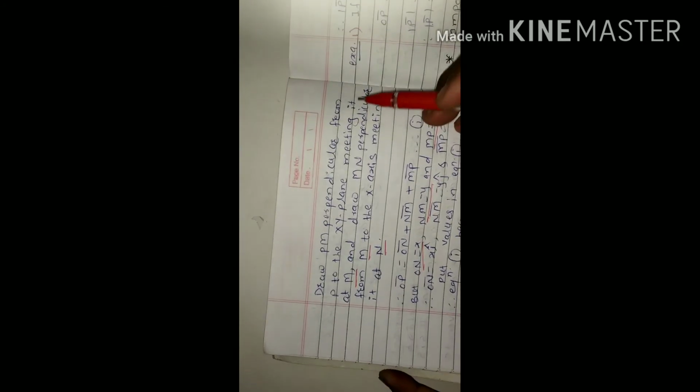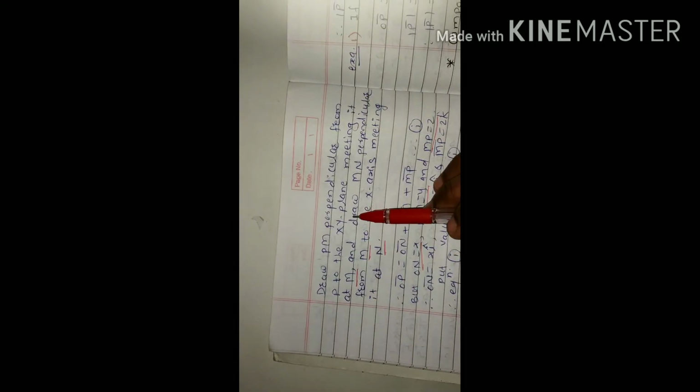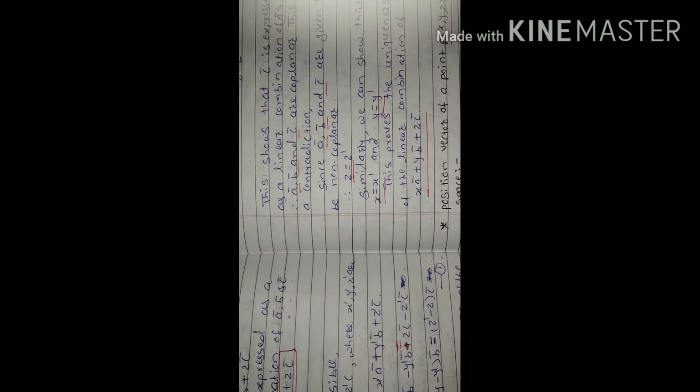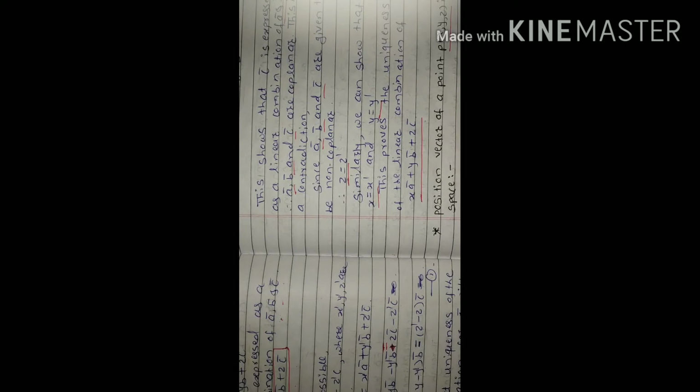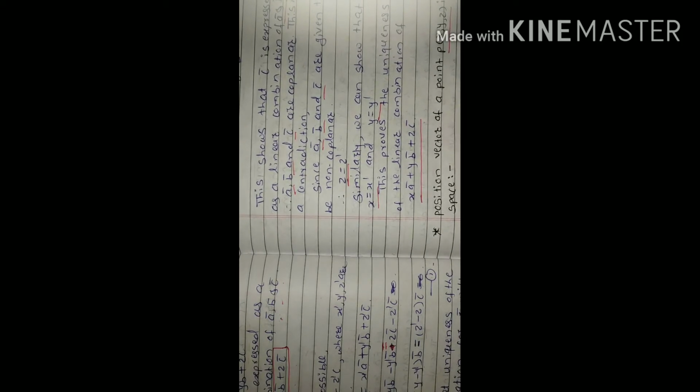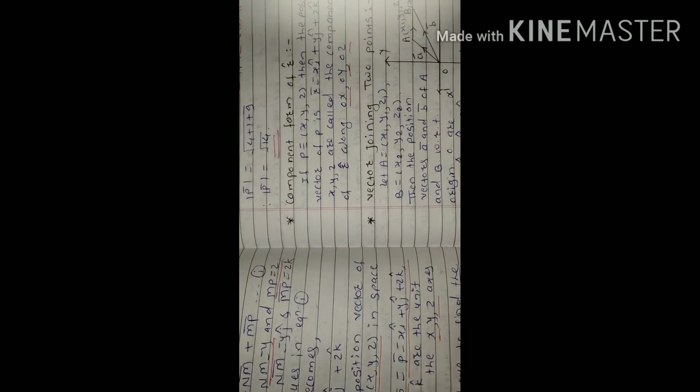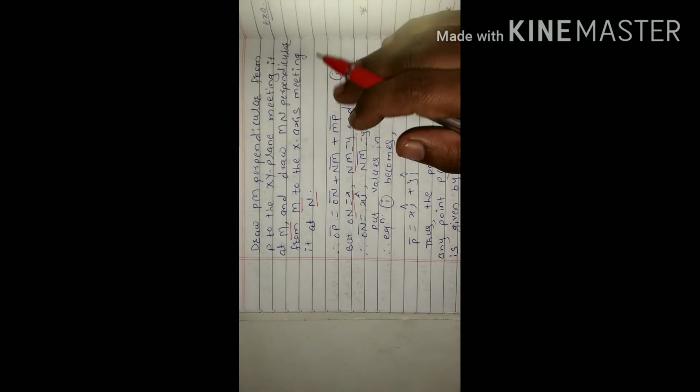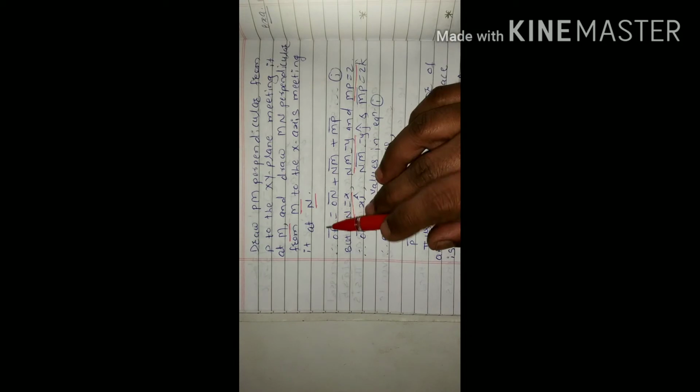Then we draw the line PM perpendicular from the point P to the XY plane, and it meets at the point M. The perpendicular line meets the XY plane at the point M. And draw MN perpendicular from M to the X axis, and it meets at the point N.